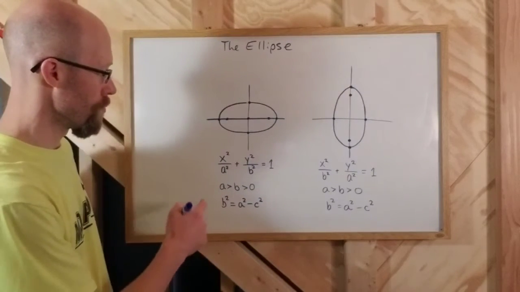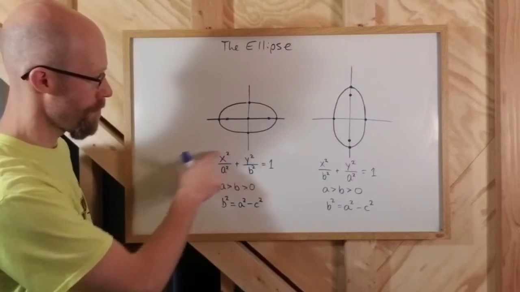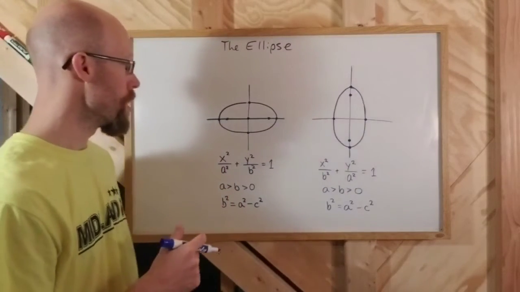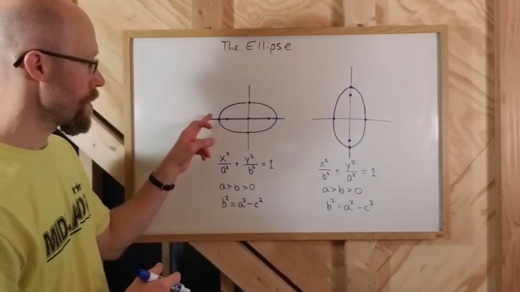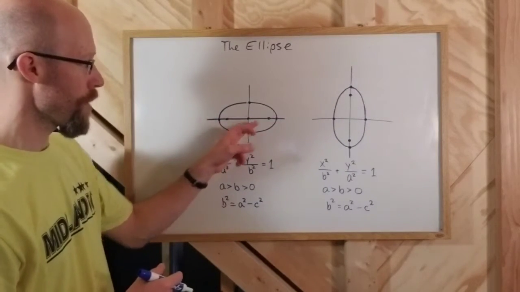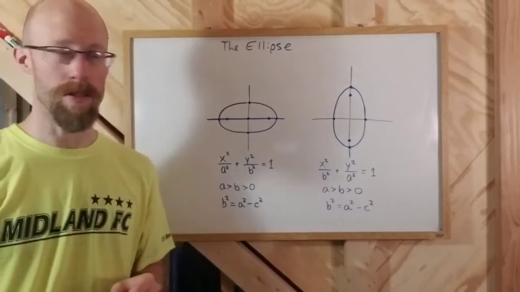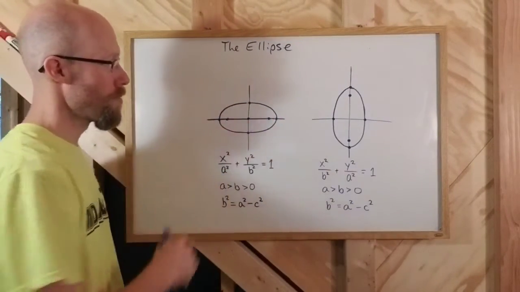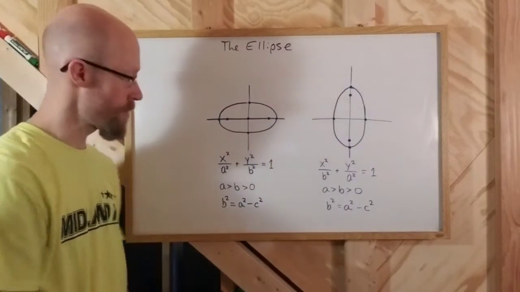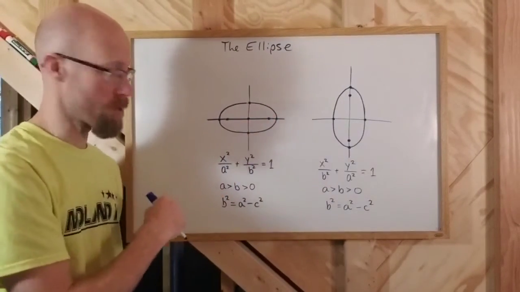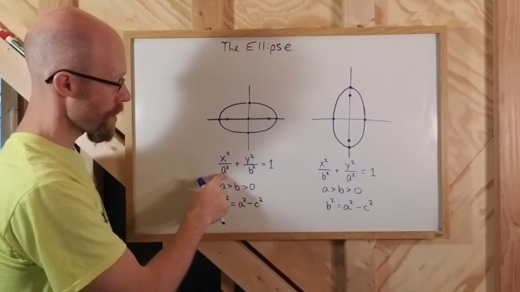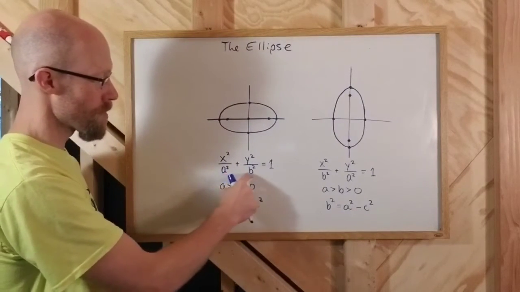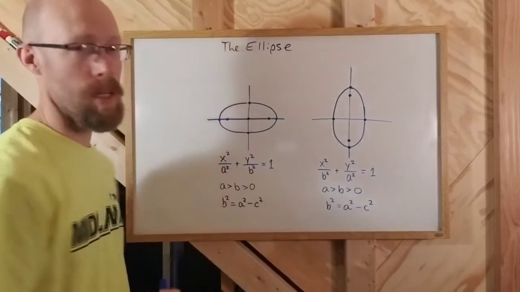So what we notice, in our formula here, the a and b values correspond to the intersection of the graph with its major and minor axes. So the a value, if the graph is oriented with the major axis parallel to the x-axis, so laying horizontally, is bigger than b, and the a is going to be underneath the x and the b underneath the y.